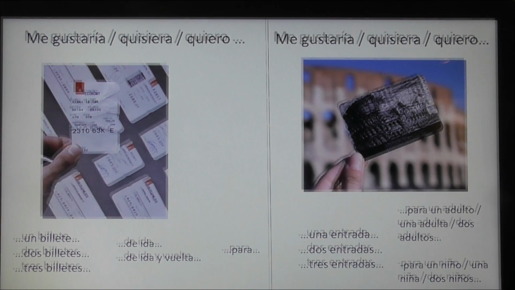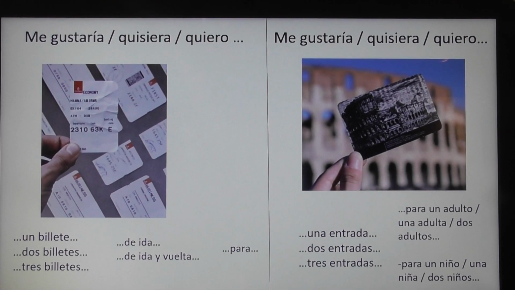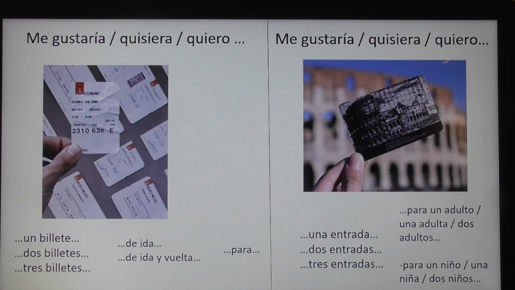Muy bien. Y ahora este lado, this side. I would like an entrance ticket for 1 adult. Me gustaría o quisiera una entrada para un adulto o una adulta.